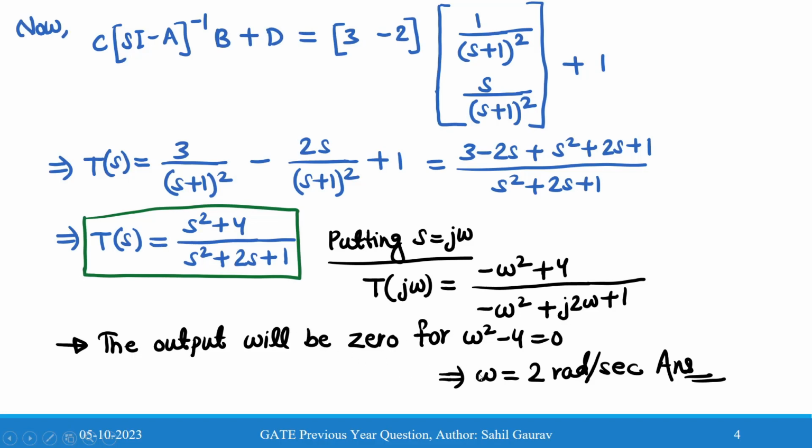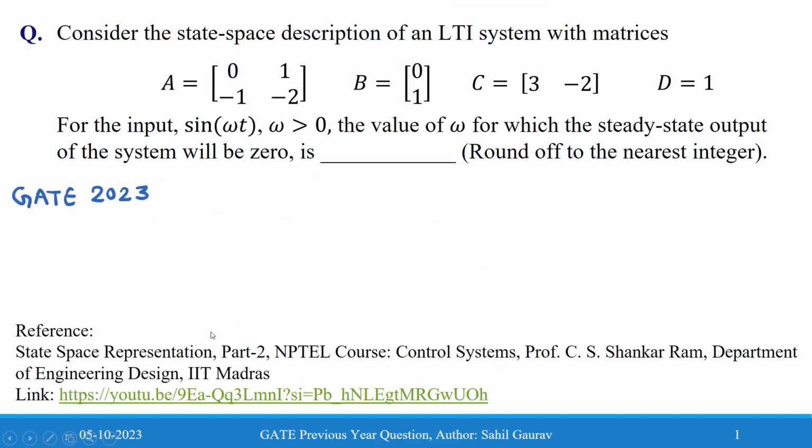Since T(j omega) becomes 0 at omega equal to 2 radians per second, the output will also become 0 for the input sin omega t. Therefore, we can say that the final answer for this problem is omega equal to 2 radians per second.